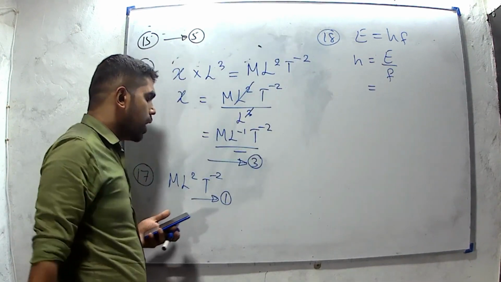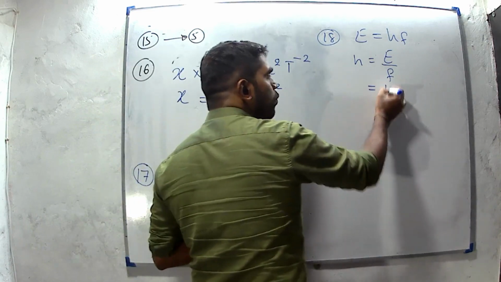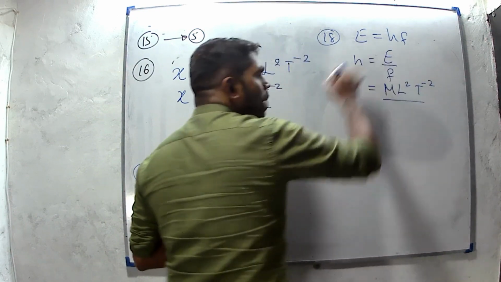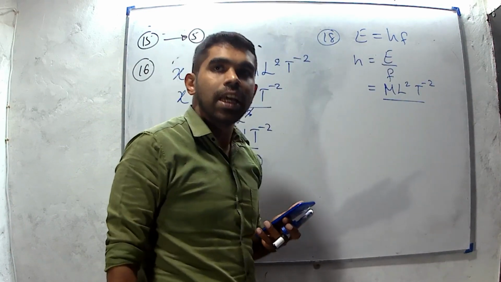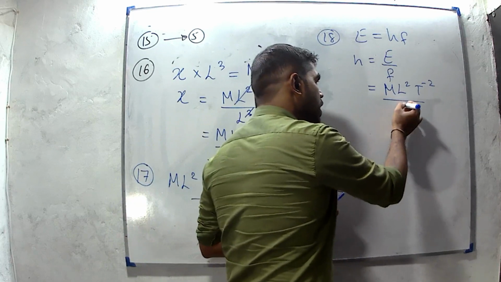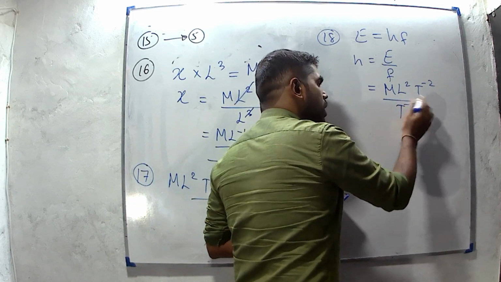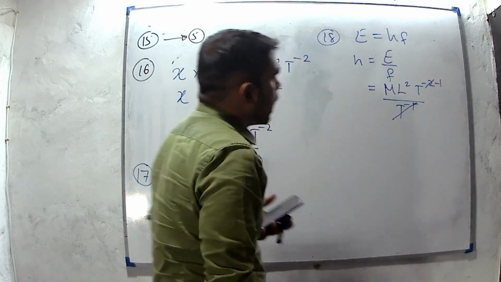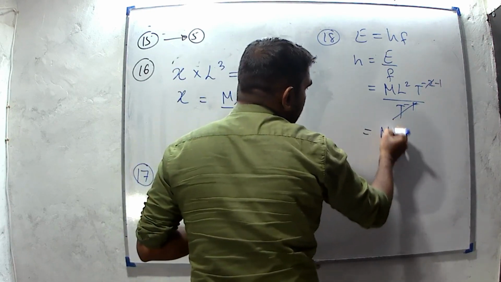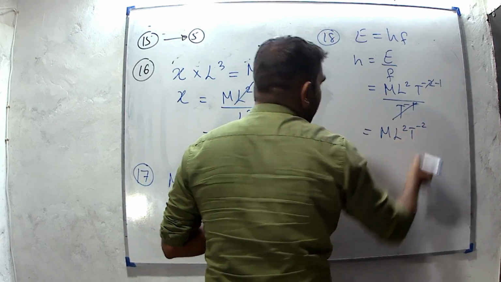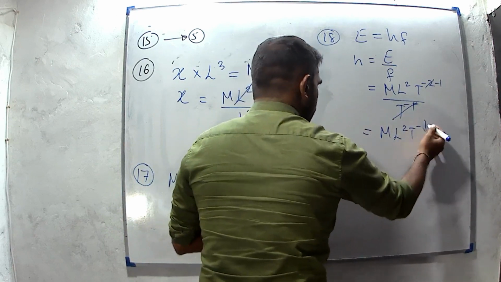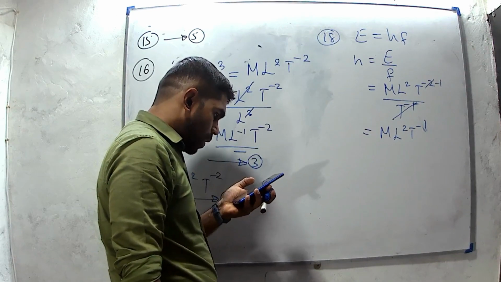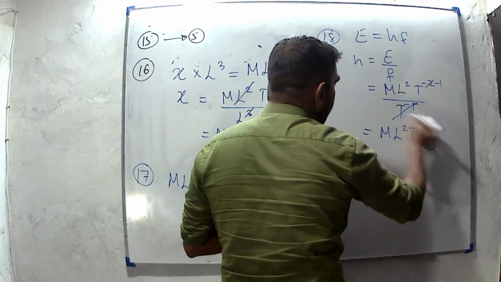We know that the dimensions of energy are M L squared T to the power minus 2. We have to divide by the dimensions of frequency, which are T to the power minus 1. Then we can cancel out the T to the power minus 1 term. The answer should be M L squared T to the power minus 1. Then the answer is 1 for question number 18.